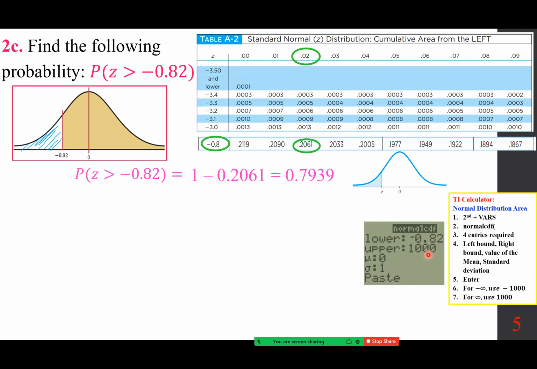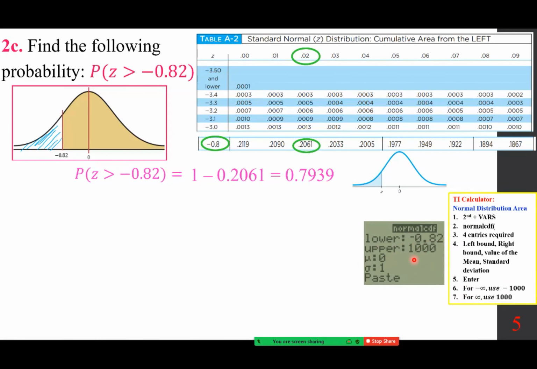Basically, they are considered that if you go 3 standard deviations on each side, it covers almost everything, 99.7%. So if this number is pretty large, that will cover the whole thing. So 1,000, sometimes they put infinity or negative infinity, but 1,000 for the upper one and negative 1,000 for the lower one will suffice, will do the job.